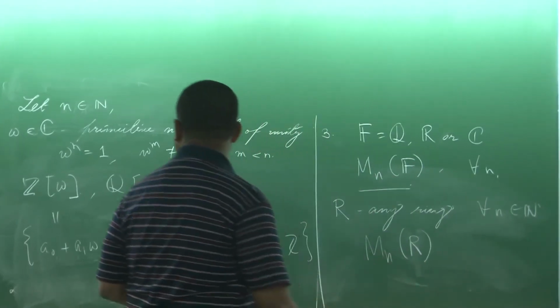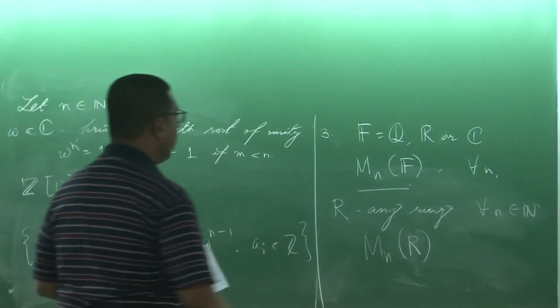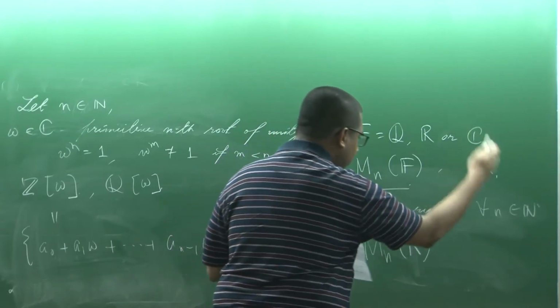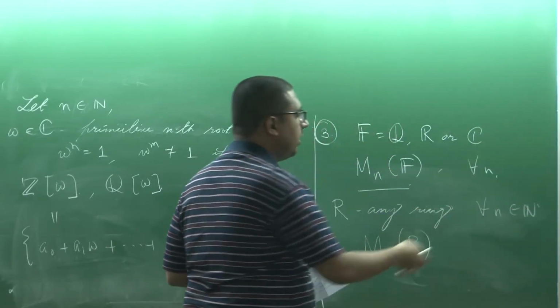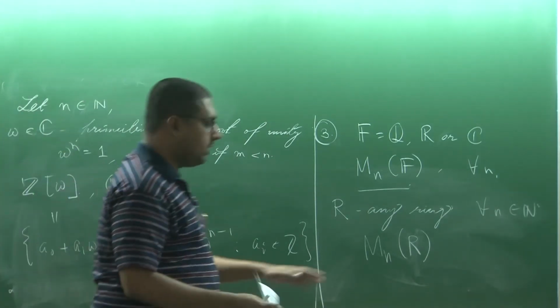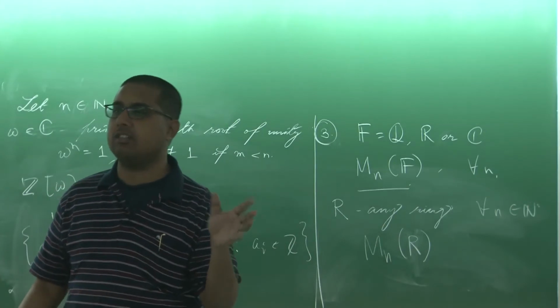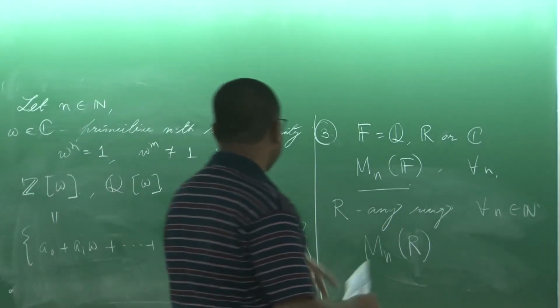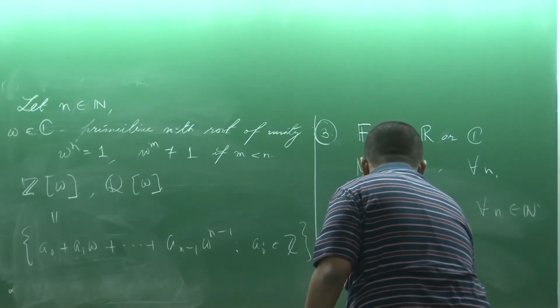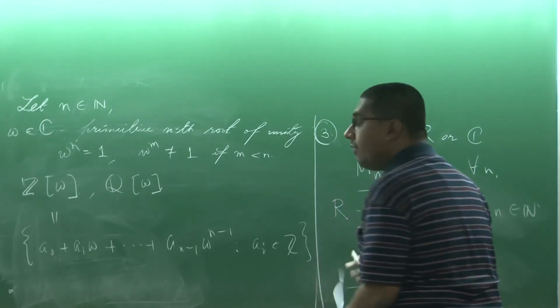The noteworthy difference of these matrix rings from those which we have encountered previously is this: since matrix multiplication is not commutative in general, these rings are non-commutative rings, even if R is commutative.